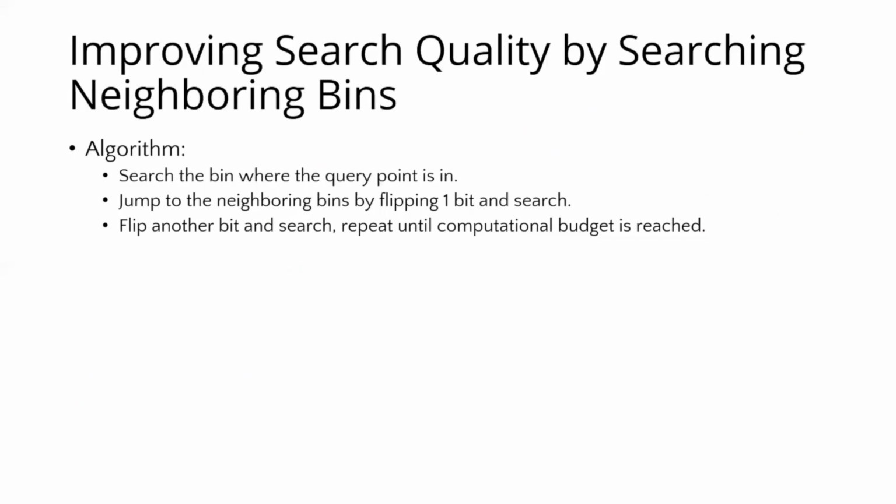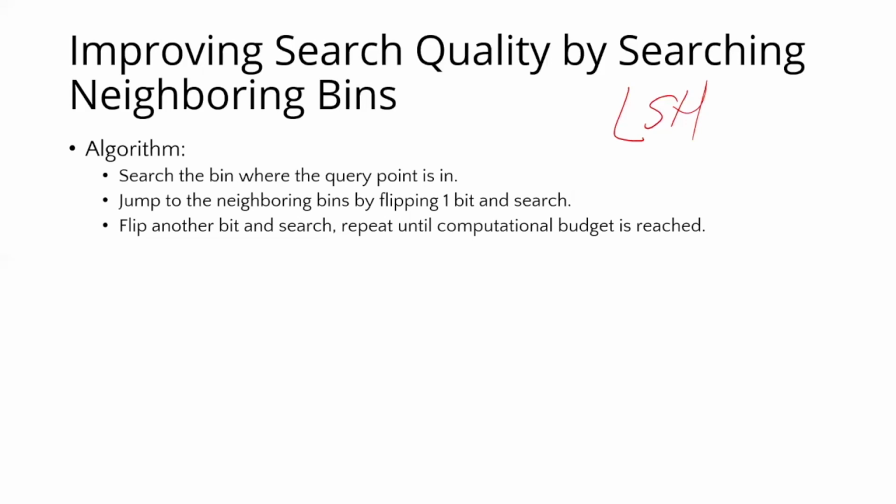So at a high level, the LSH algorithm is essentially: you begin with a family of hash functions, and for each of the hash functions, we register the training data points as members of the buckets defined by those hash functions.